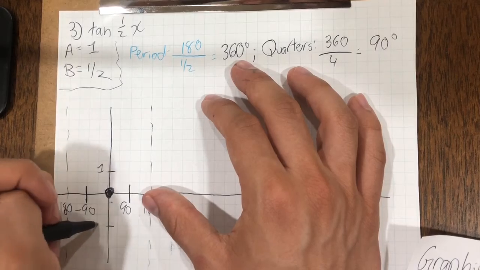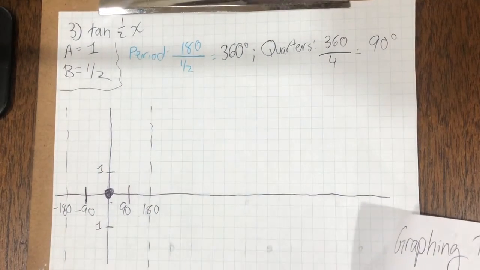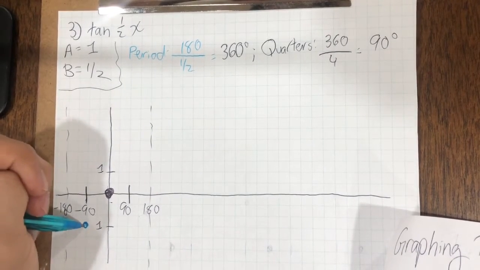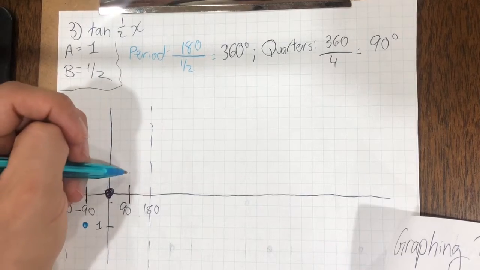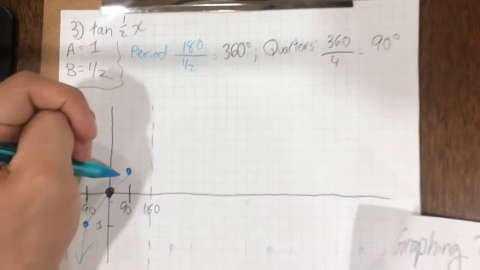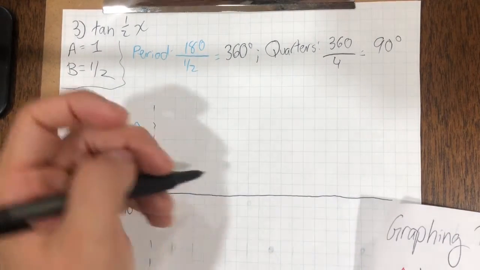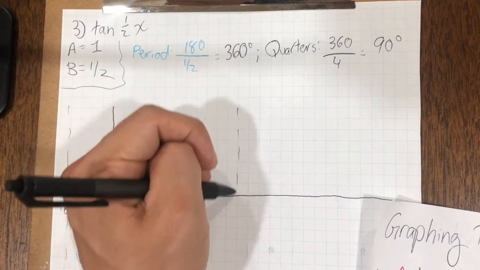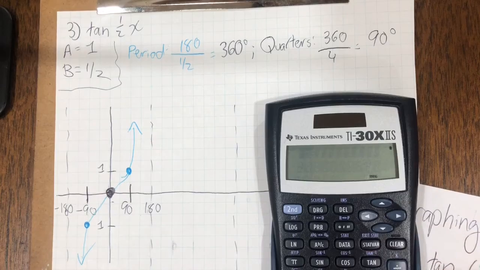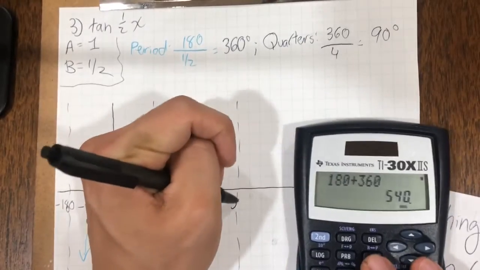My y value stays the same. So starting at negative 90, that's going to be my low point. Low, mid, high. All right, now moving on to the next graph. So we have 180 to my next asymptote, which is going to be a large number. I'm going to take 180 and add it to 360, and that's going to be 540.